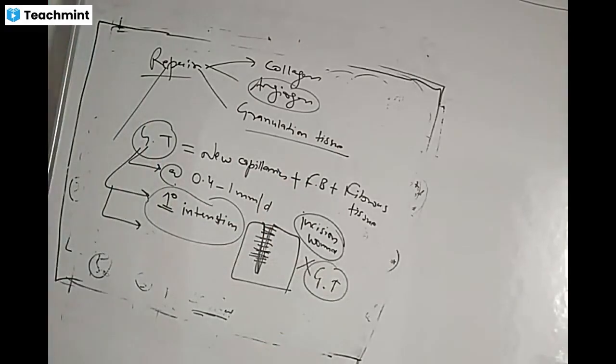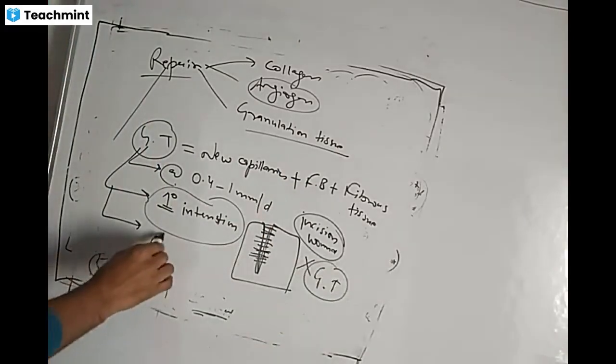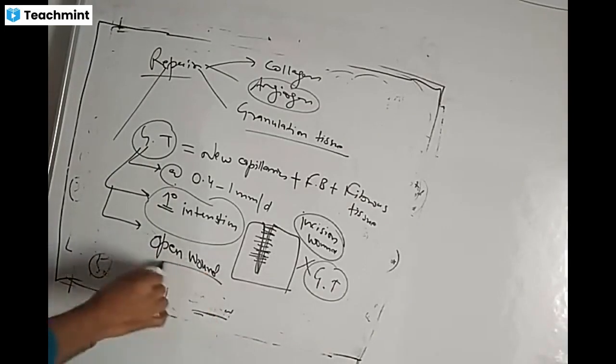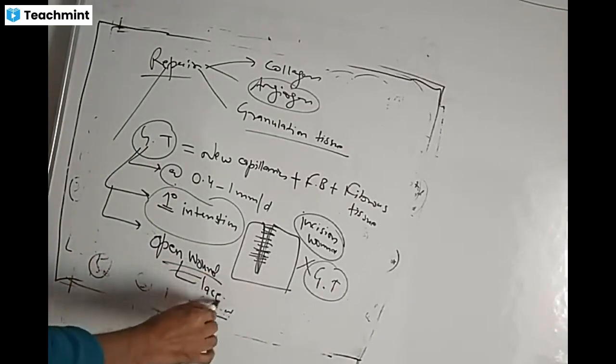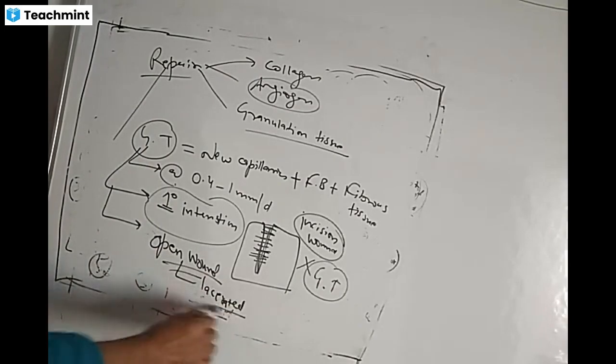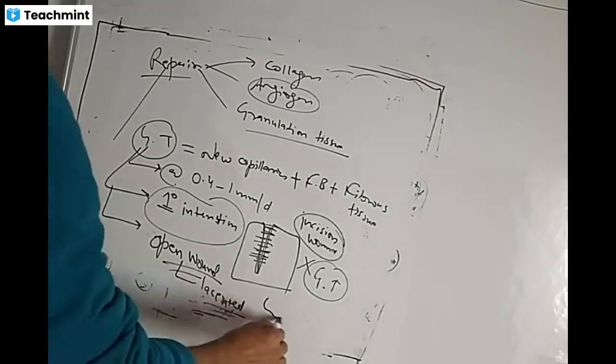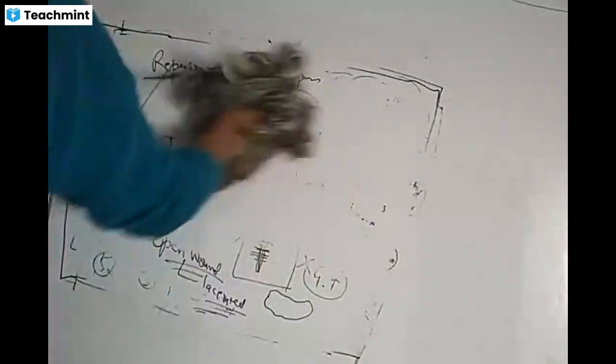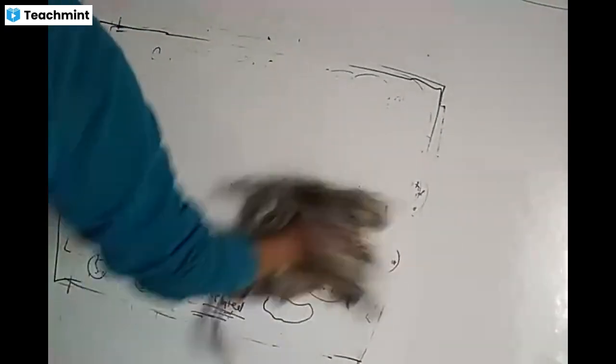Granulation tissue will form in open large wounds, for example a lacerated wound, where the edges are like this. That process of healing is called secondary intention healing.